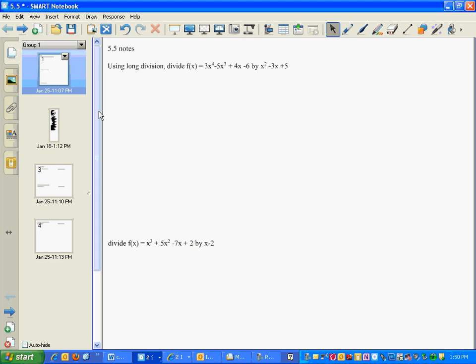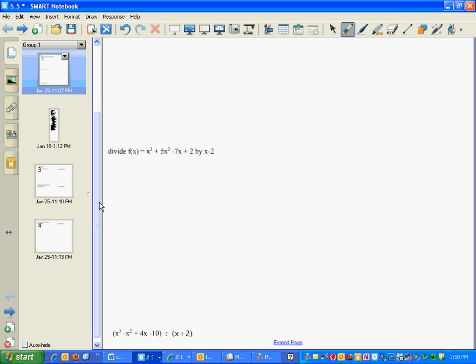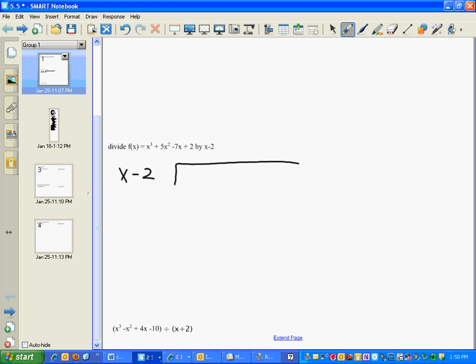Exactly. Okay? If we divide, let's skip the first one and go down to an easier one. If I want to divide x minus 2 into x cubed plus 5x squared minus 7x plus 2, we're going to follow the rules of normal division, like you did with just numbers.